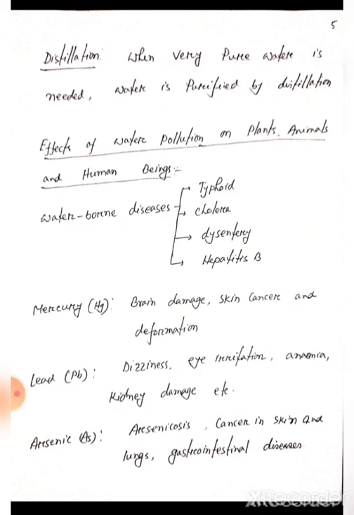For mercury: brain damage, skin cancer and deformation happen. For lead: dizziness, eye irritation, anemia, kidney damage, etc. will happen due to the presence of lead in the water.